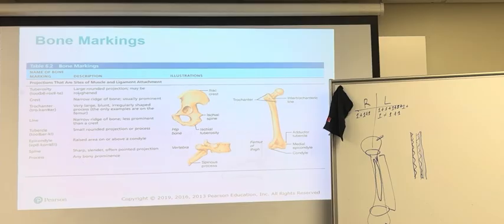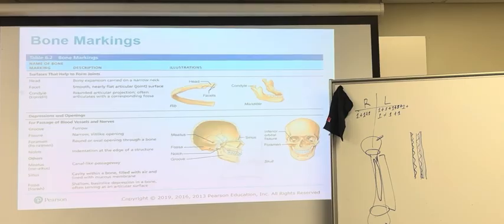Okay, who remembers all the bone markings? If you have any hole, what do you call the hole? Foramen, right? And if you have a narrow ridge, you call it a crest. And if you have a narrow ridge on a long bone, you call it a line. And then what about the spinous process? Spine. And let's look at this one right here.